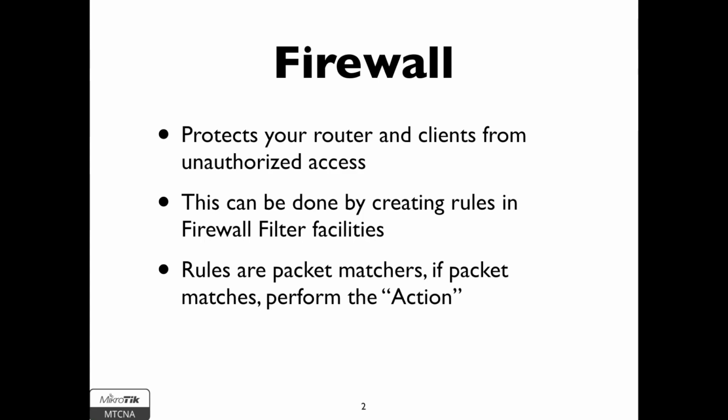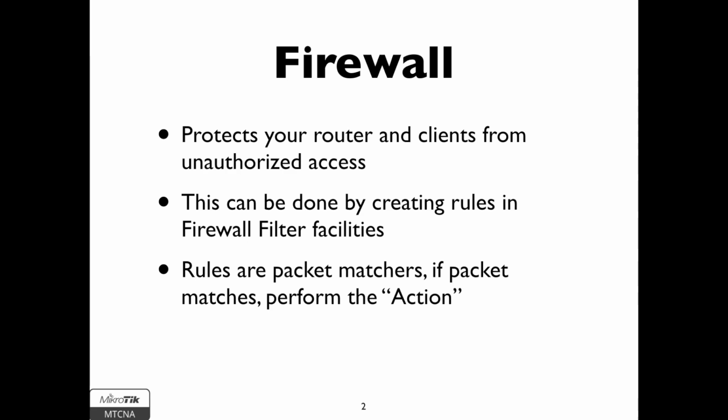The way this is done is through a variety of means, but primarily it's done in the Firewall Filter facility. In the Firewall Filter facility, rules are created that are what we call packet matchers. That is, the rule defines some attributes about packets that are entering or passing through the firewall. And if the packet matches, then it performs some kind of action on that packet.